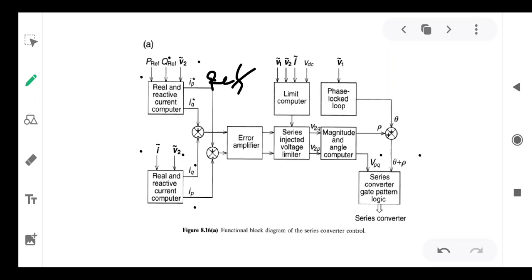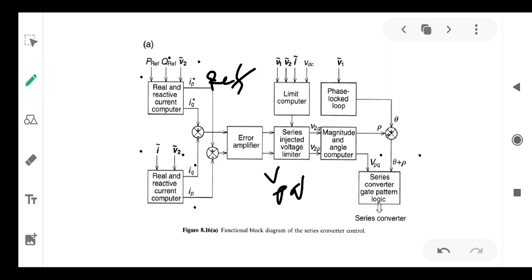This is the series injected voltage limiter, VPQ limiter. So V2Q, V2P can be obtained from the limiter values. Then the magnitude and angle computer, from which you can obtain sigma and VPQ value. So in polar form, you will get the VPQ voltage magnitude and angle sigma.